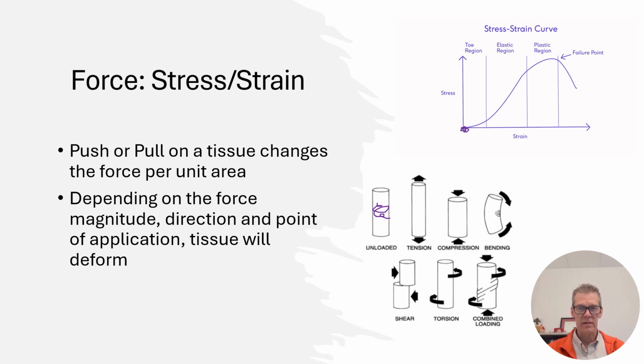There's no force applied to it. And so it isn't deforming, right? Nothing's happening to it. But if we apply some tension to it by pulling on it and increasing the stress in one direction, a linear direction, now that tissue is going to deform and it's going to start moving along this strain axis as well.